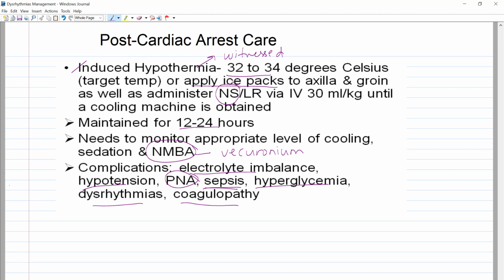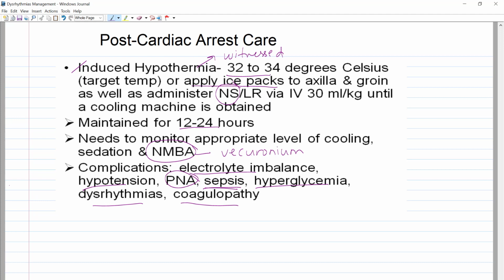But ideally, you need to maintain their airway and breathing, and you need to make sure they are connected to a cardiac monitor. And again, you also have to know the medications and even the doses. This is very important, especially when you become a nurse, because you have to know all of the antiarrhythmic drugs.